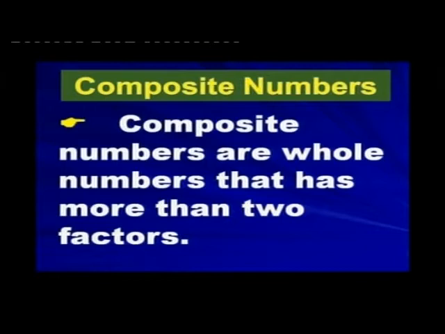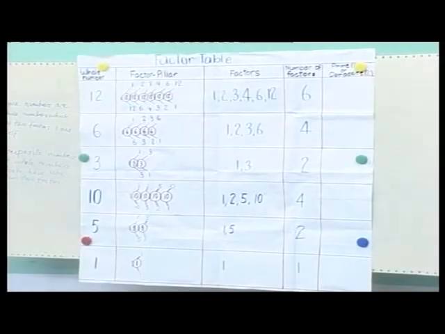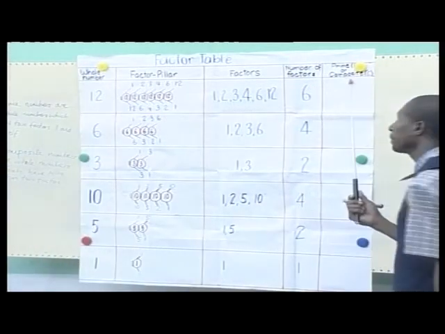Now, from the factors chart, students, we have identified what are composite numbers and prime numbers. Now, let us go back to the factor table and complete the last column.